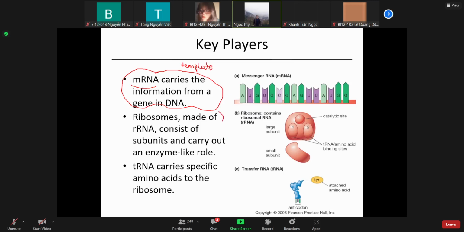The ribosome, which is composed of two units, the large one and the small one, plays a role as a machine to synthesize the polypeptide. And the last one, tRNA here, plays a role as an ingredient.